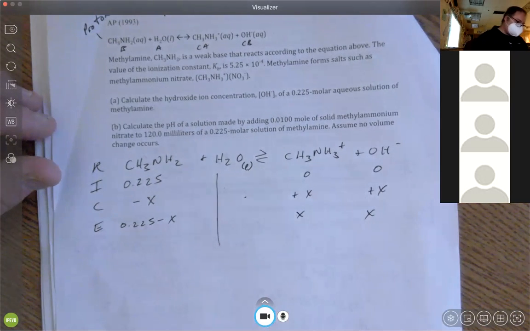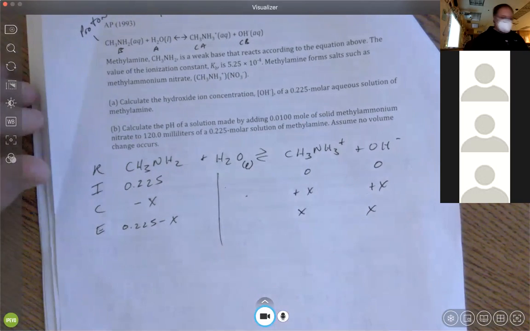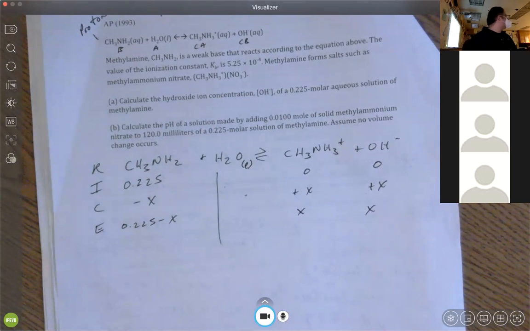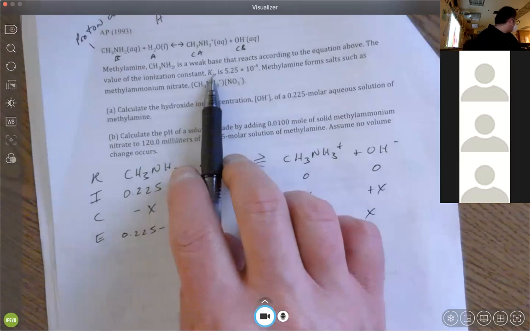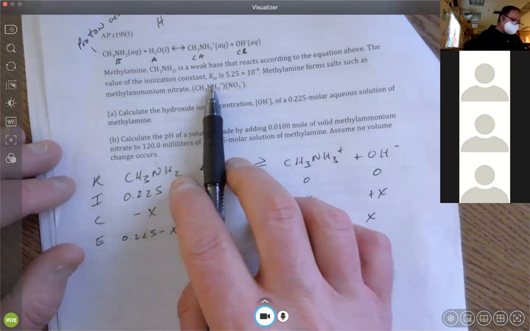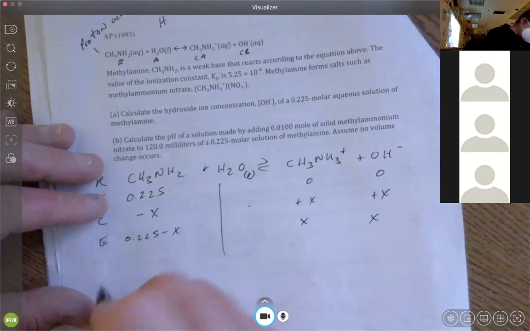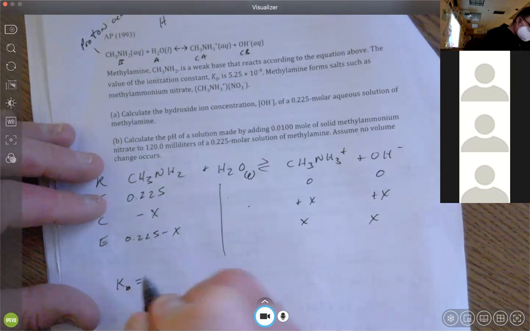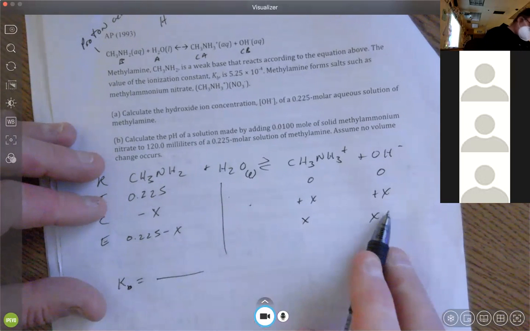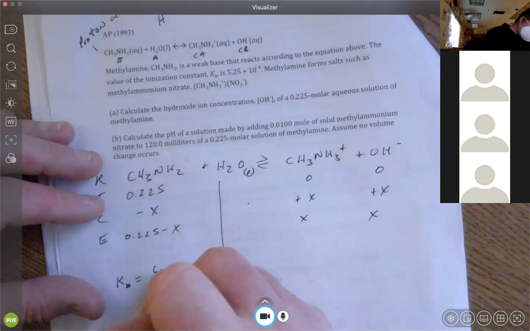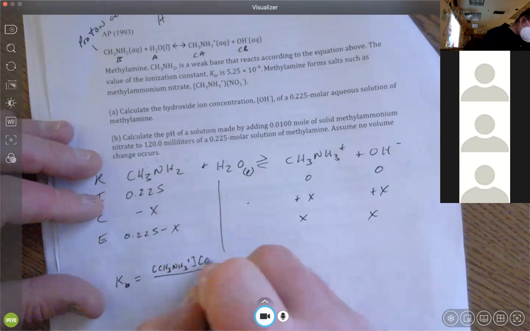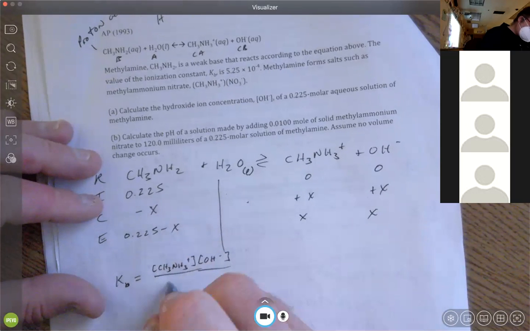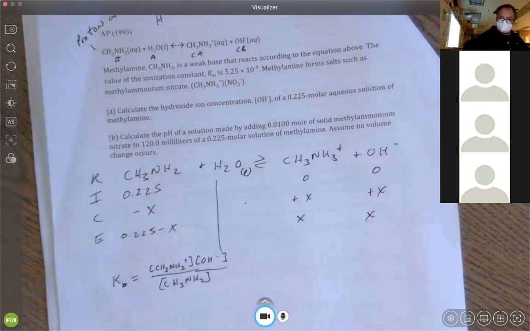Questions there? Now, normally when we do this, we have K sub eq. Since we've identified this as a base, they've specialized the equilibrium constant to make it a base equilibrium constant. So we have Kb equals products over reactants, and those brackets refer to concentration.